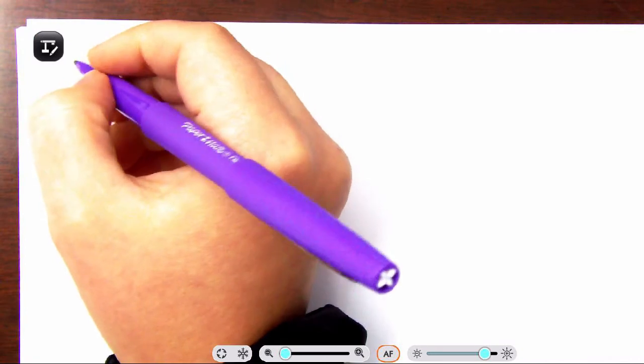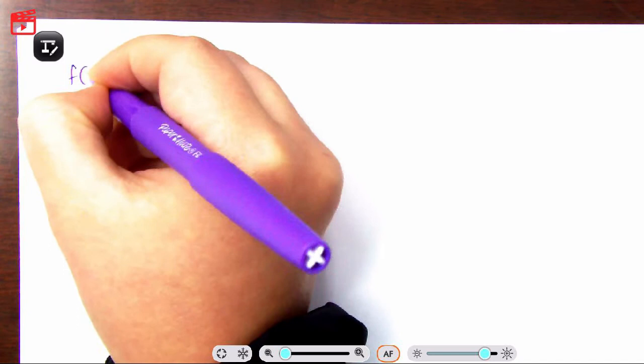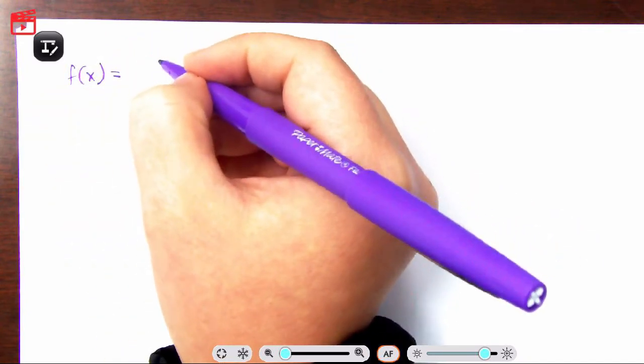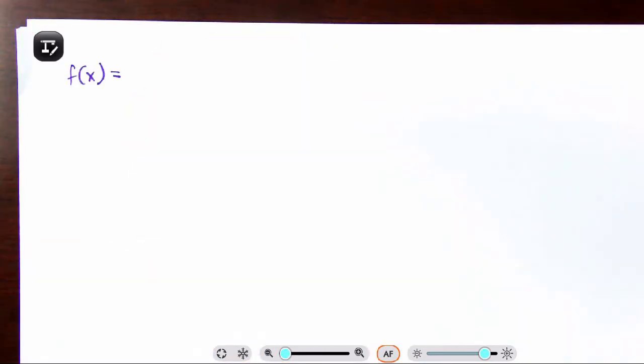So this one's just saying sketch the graph of each function. So let's do f of x is equal to, trying to find a good one, you guys. Let's see here. So you know what? I think I have a good one. Trying to find a really good one for you guys, I promise.